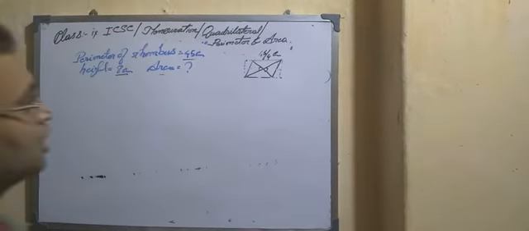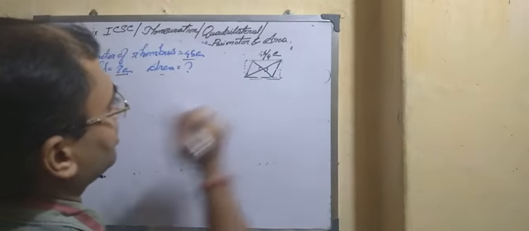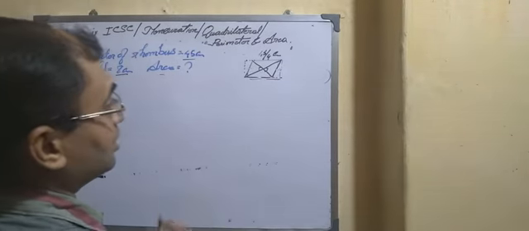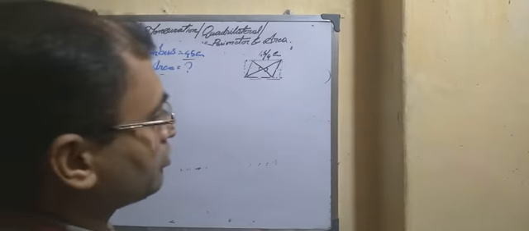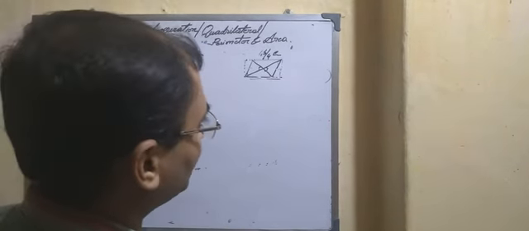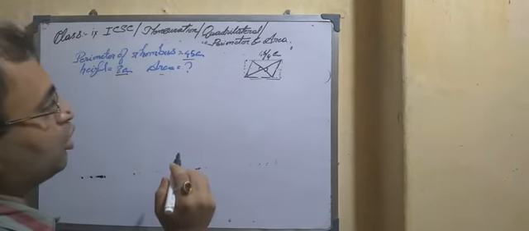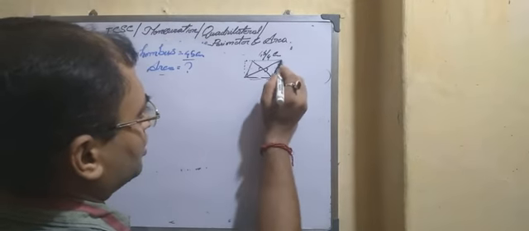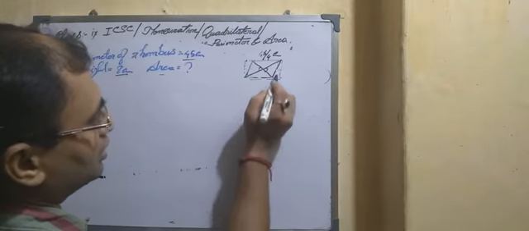Just imagine this triangle and this triangle. For this case we can use the formula of what? Parallelogram. Okay, we just use here the formula of a parallelogram, because here this formula is applicable.